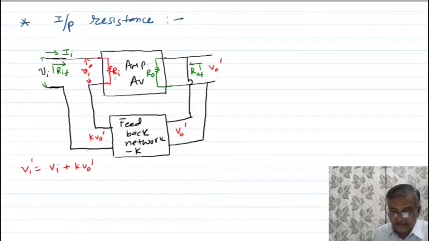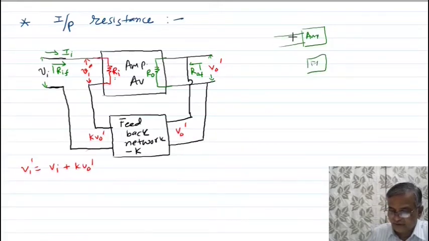You can see this is in series. You must remember the other flow diagram that I will show you in a short way. This is your amplifier circuit, this is your feedback network.